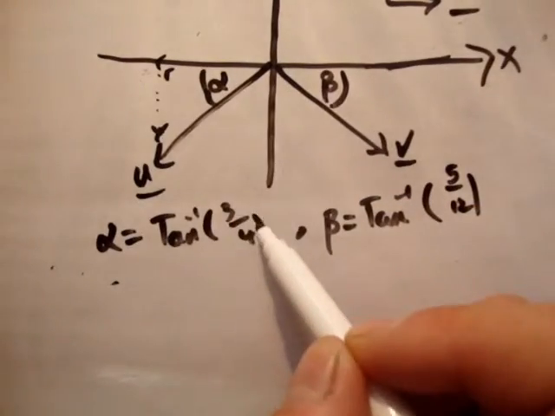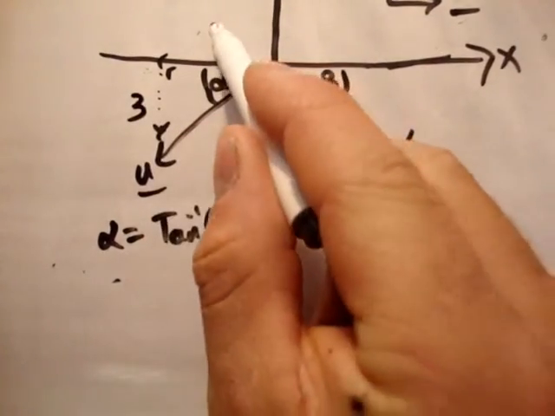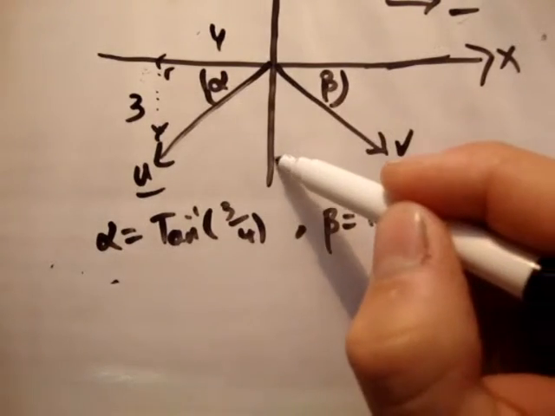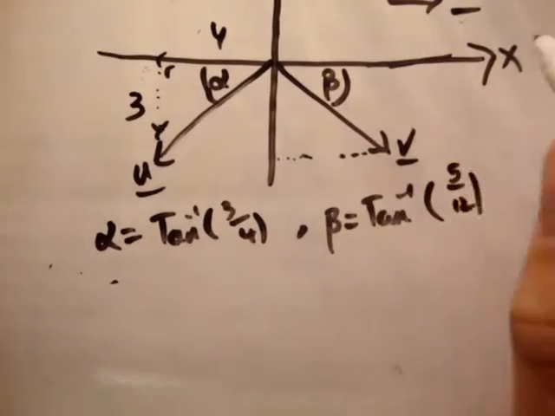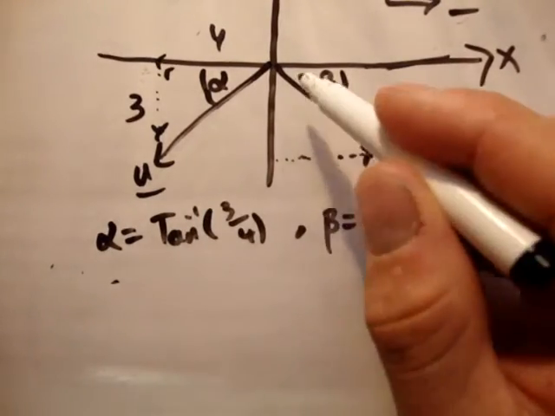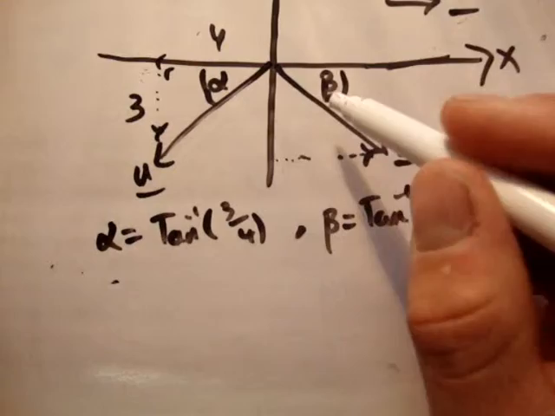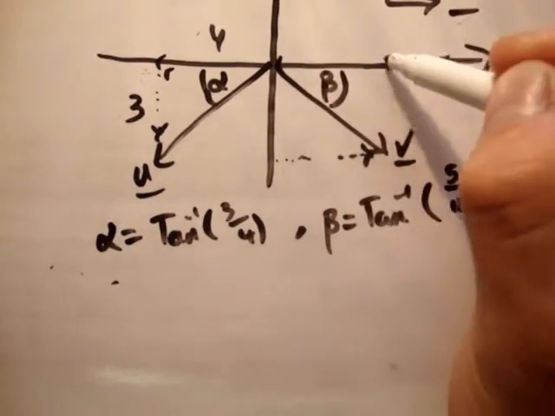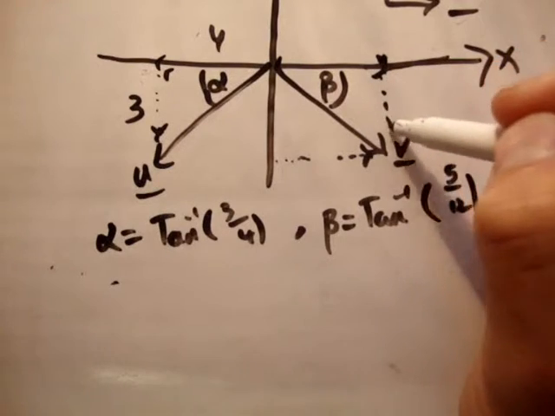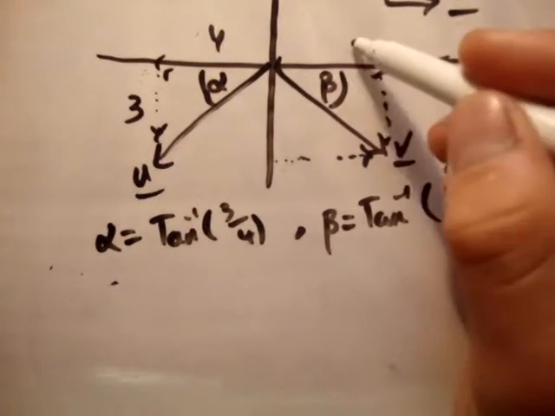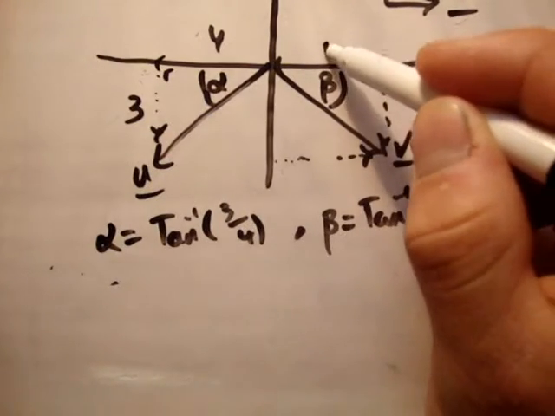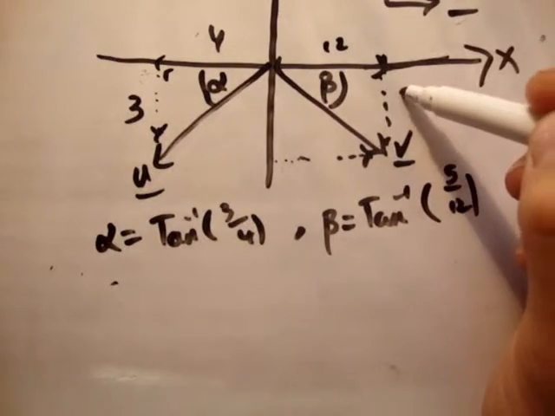We know its opposite length is 3, its adjacent length is 4, and in terms of beta we can do the same thing. Because you can pick up a vector and move it around, that vector there is the same as this vector here. Actually, it's probably easier to draw it that way altogether. So this vector here is adjacent to the angle beta, so that is 12, and this one here is the opposite, that's 5.